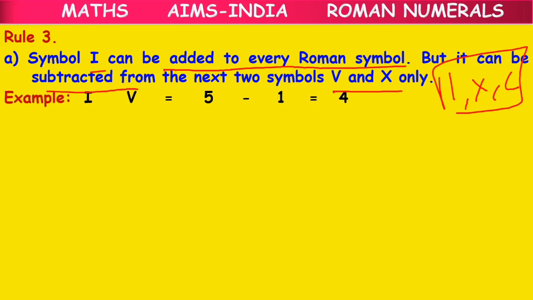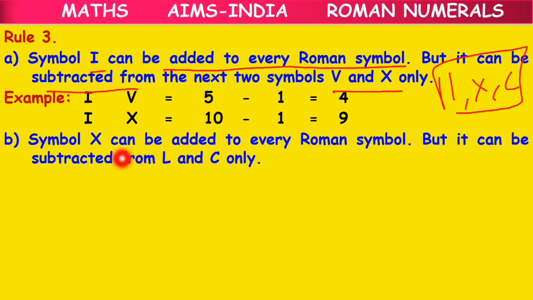I'll tell you how to remember these rules easily. Okay, let me first complete the rule. Example IV. Again, IV is what? You know this, IV stands for 5 minus 1, 4. Or IX. IX means I is 1, X is 10. 10 minus 1 is equal to 9.